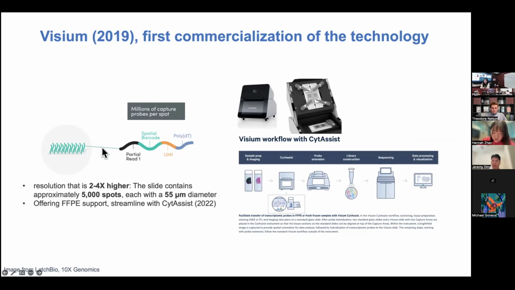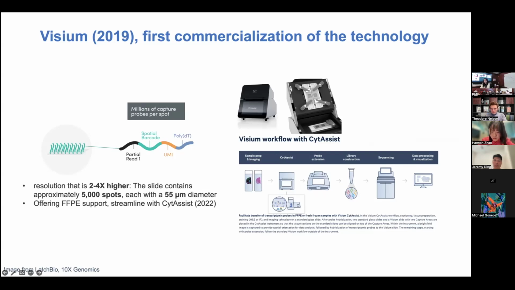So there has been quite a bit of optimization from the original paper, increasing the capture rate and resolution, but it was still a 55 micron diameter technology where you're seeing a grid level or gradient of expression patterns. But one of the breakthroughs for Visium technology is CytAssist, where you can prep the tissue, you can buy the slides, and do it in a more conservative workflow for these spatial technologies.